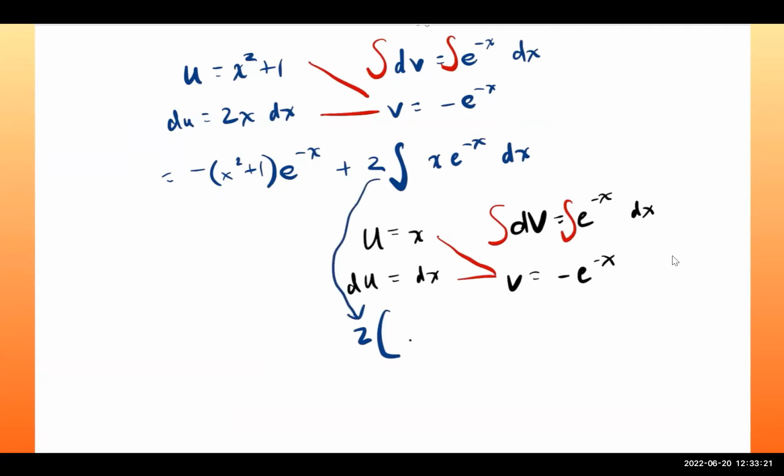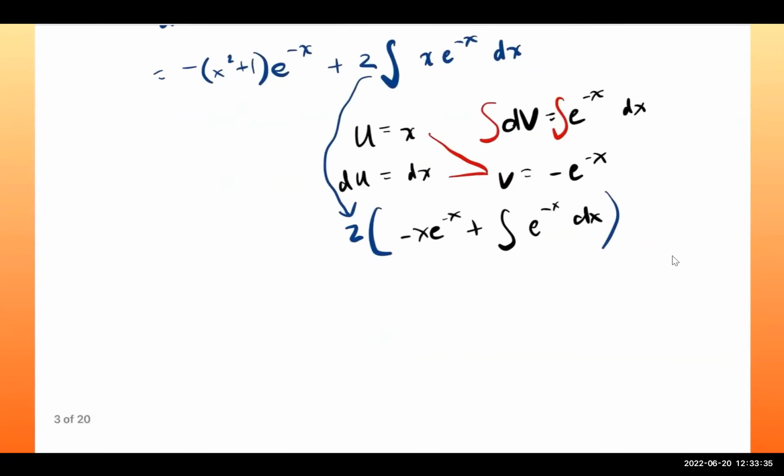And then I'm going to write negative x e to the negative x minus the integral of this times this, but the double negative makes that positive, e to the negative x dx. All right. And we can evaluate this pretty easily. So that's going to just be 2 times negative e to the negative x minus e to the negative x.